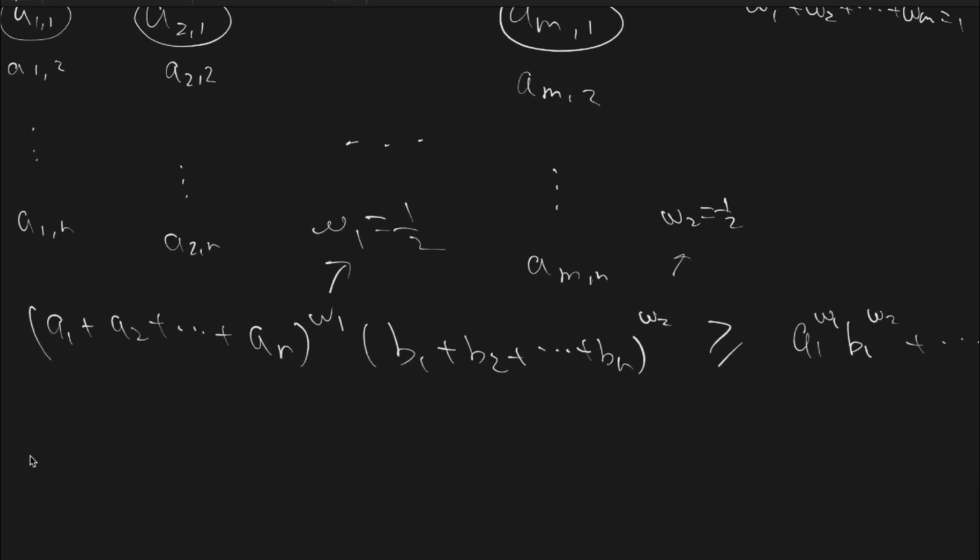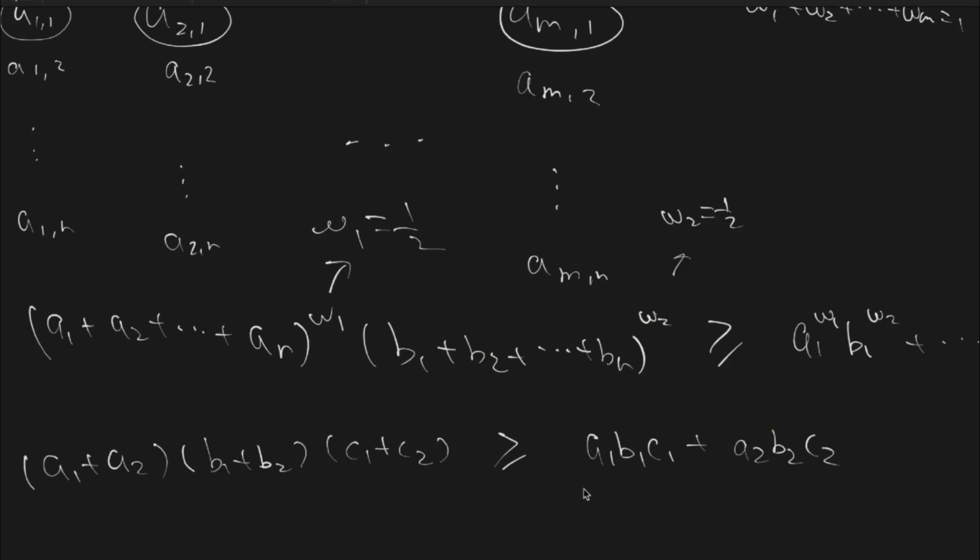Finally, we can also do 3 of these product things. I won't write too many terms just to keep it clean, but for example, if I were to do this, this has to be greater than or equal to A1 B1 C1 plus A2 B2 C2, cubed.